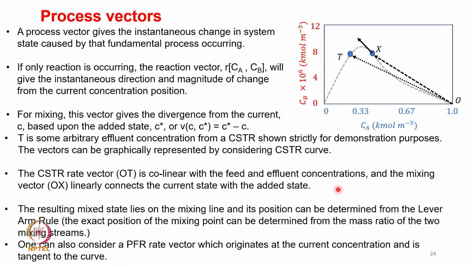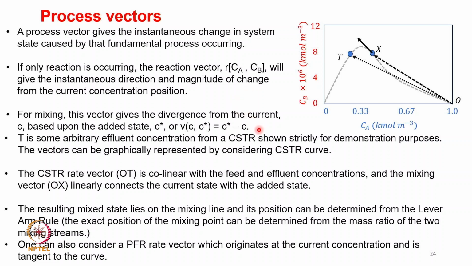Now the next step is to draw the process vectors. Process vectors define the instantaneous change in the system caused by a fundamental process that is occurring. If only a reaction is occurring, the reaction vector in Ca and Cb gives the instantaneous direction and magnitude of change from the current position.